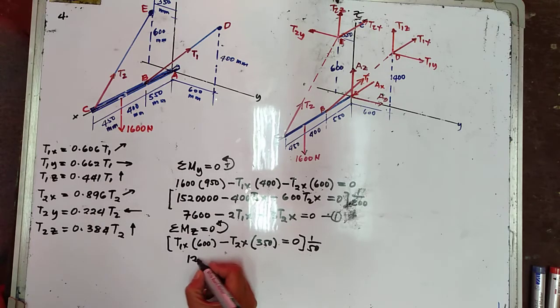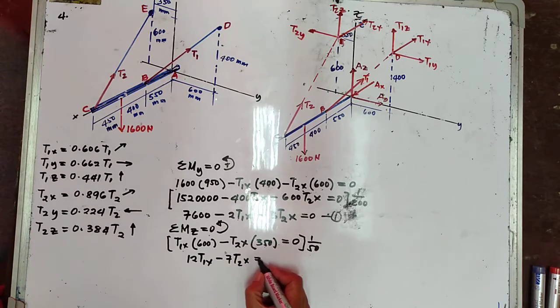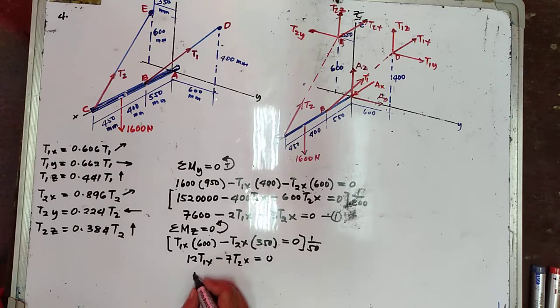That is 12 T1X minus 7 T2X is equal to 0. So your T2X is equal to 12 T1X all over 7.